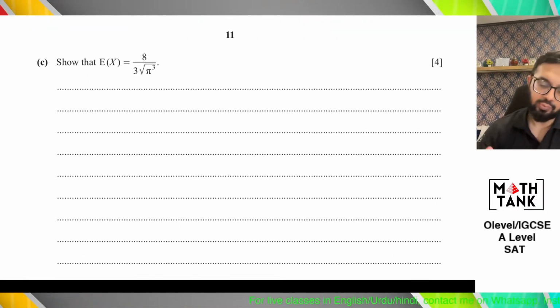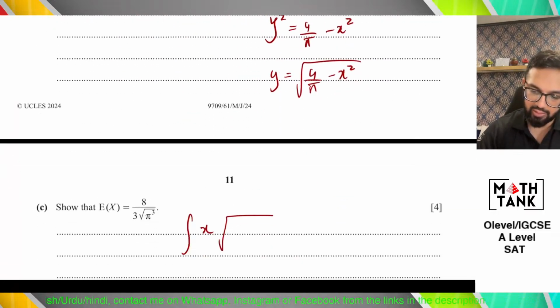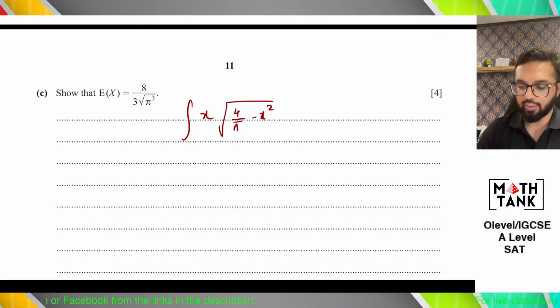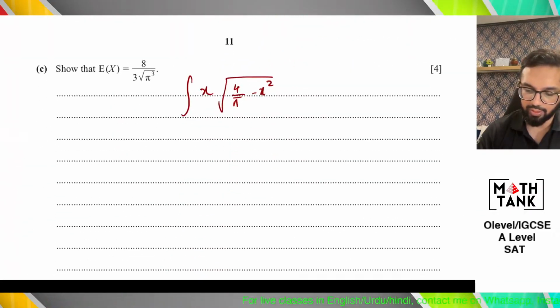Okay, the expected value of x is basically the integral of x f of x. So x into f of x, which is x root of 4 over pi minus x squared, again from 0 to 2 over root pi.